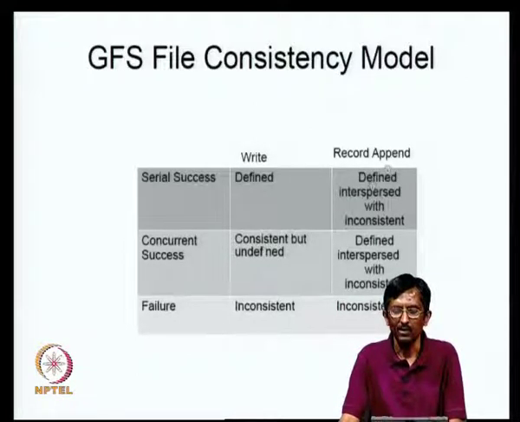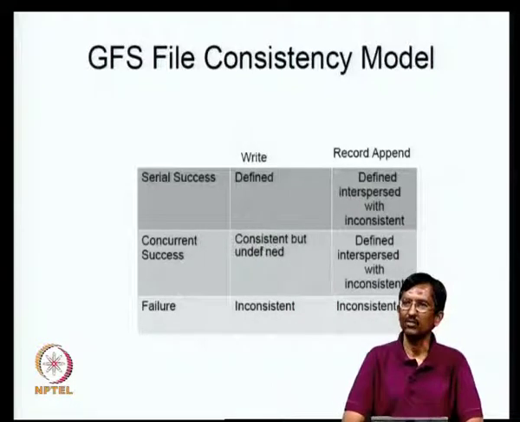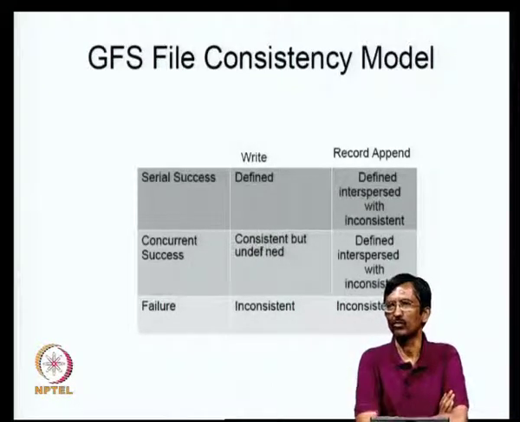Okay. Now in the case of record append, the reason it is there is that record appends are used as a way to attach something to a file without going through locking. One of the interesting things about this design is that they try to avoid things like distributed lock managers, DLMs. As you notice, DLMs are somewhat complex and they slow down the system quite a bit.